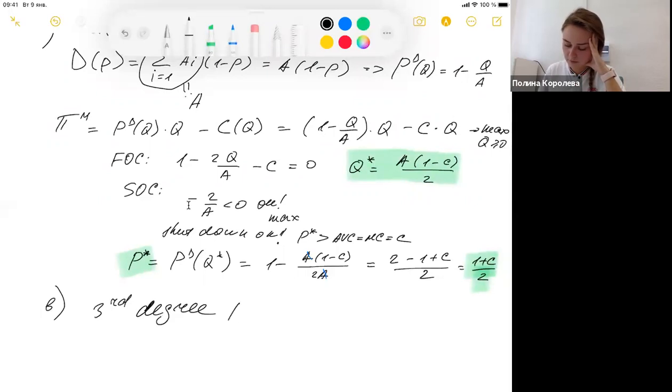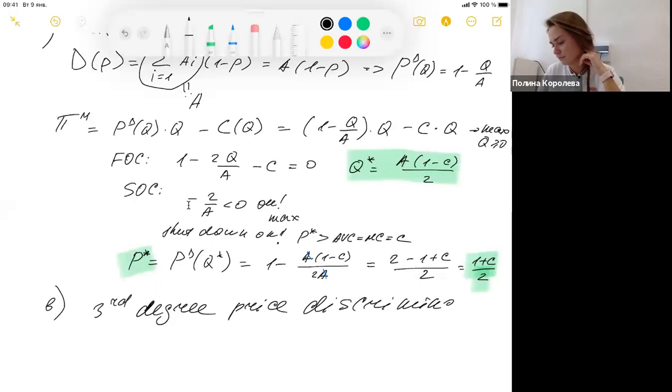Third degree price discrimination. What that means? That means that if we have the opportunity to use third degree price discrimination, we can understand which consumer is which, for which consumer we sell.